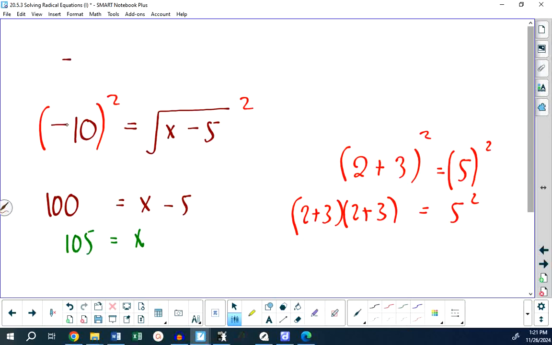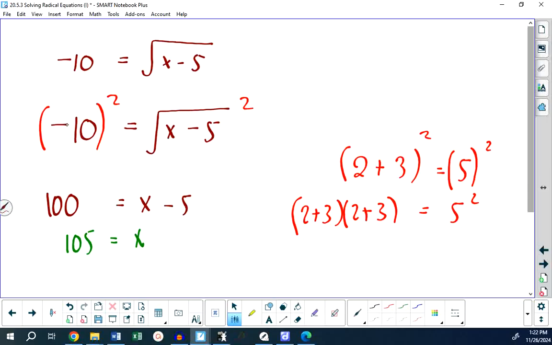Let me write down the original equation. 105 is not a solution to that equation, because if I put 105 in for x, I'm going to have the square root of 105 minus 5, which is the square root of 100, which is not negative 10, it's 10.